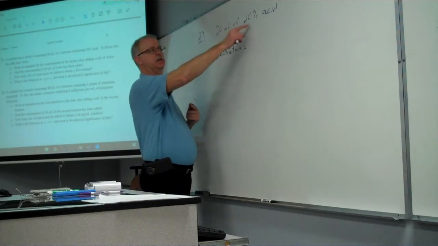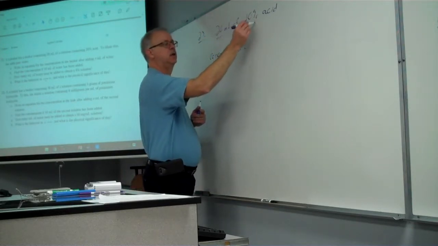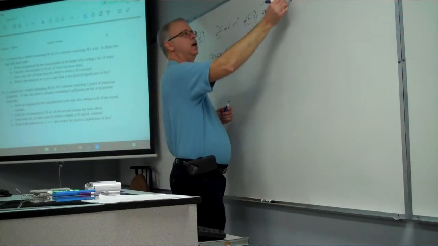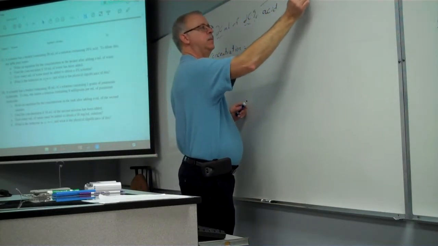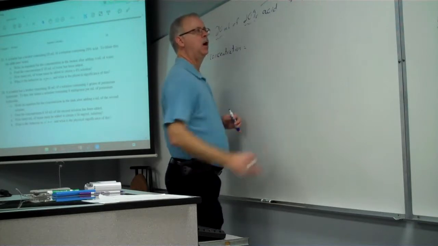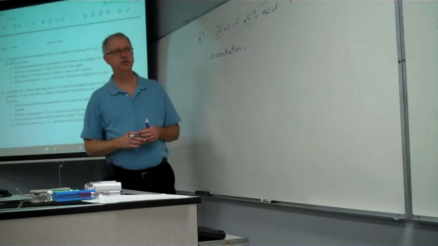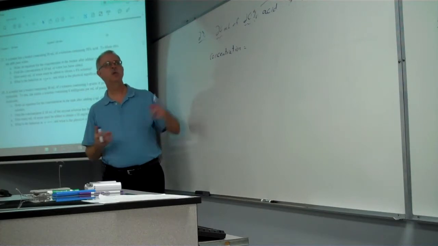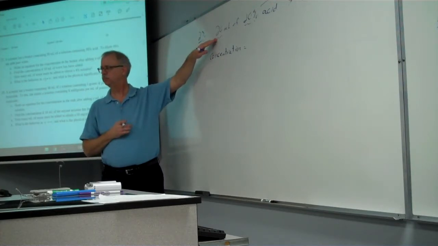Let's go back to what they did tell us, because they told us the concentration. So the concentration here was 20%, and we had 20 milliliters. So what does it mean in terms of the concentration? In fact, can we figure out how much acid is in there?